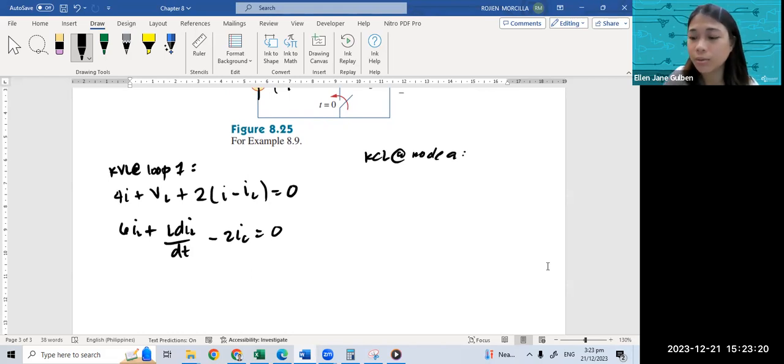Okay, one way to easily solve this kind of problem. So we have our KCL.